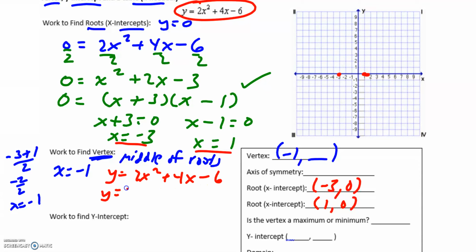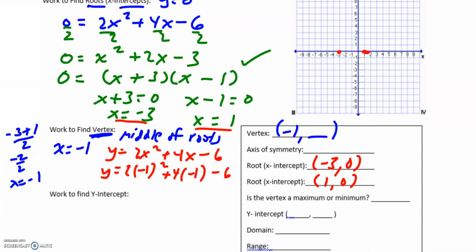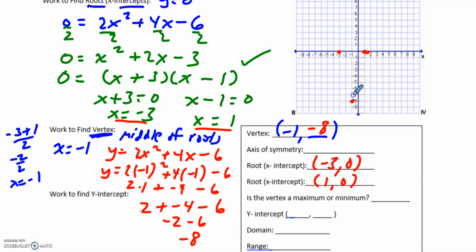So y equals 2 times -1 squared plus 4 times -1 minus 6, which would be, if I follow the order of operations, -1 squared first is 1 times 2 plus -4 minus 6. So that would be 2 plus -4 minus 6. 2 plus a -4 is -2, minus 6 is -8. So my vertex is -1, -8, which is here.